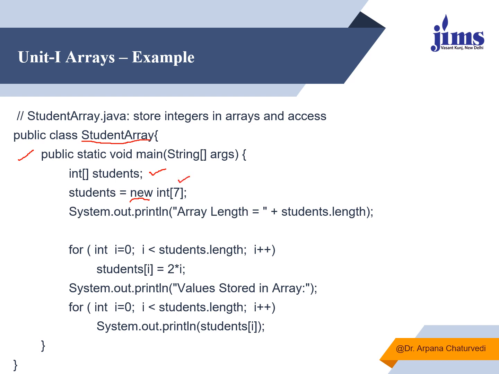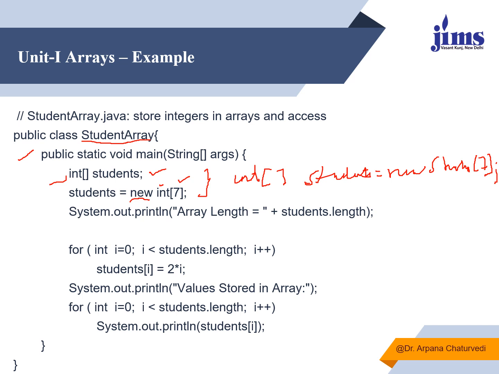You have to remember this thing: here the data type is integer, and here also it is integer. We can write both statements together in such a way: int, subscript position, name of the array is students, equals to new int students, and the size is 7, and then semicolon. You can do it in this way also.